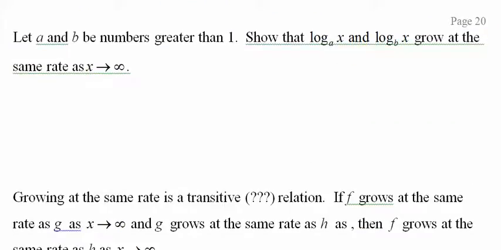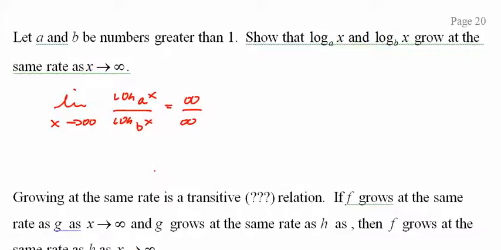So show that log base a of x and log base b of x grow at the same rate as x approaches infinity. So off we go again. These are infinity over infinity. Take the derivative.